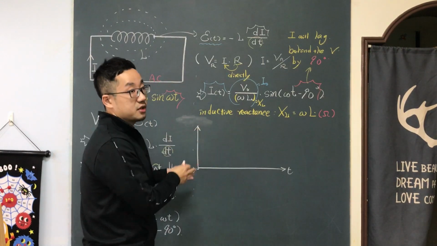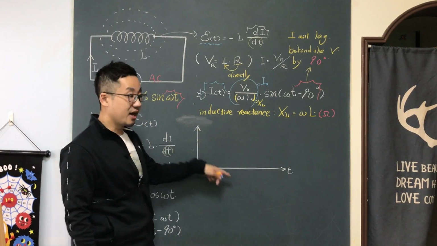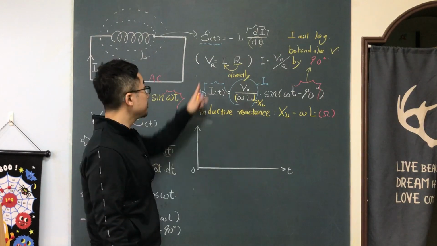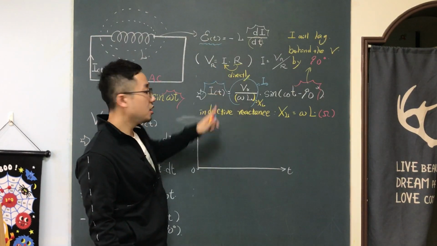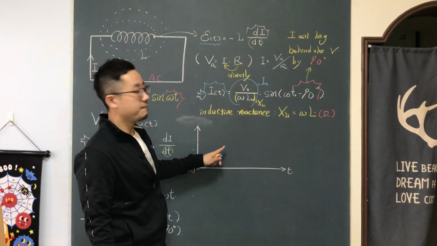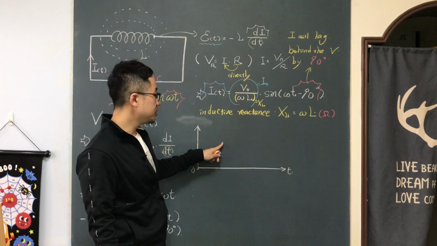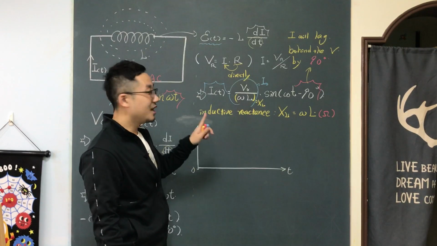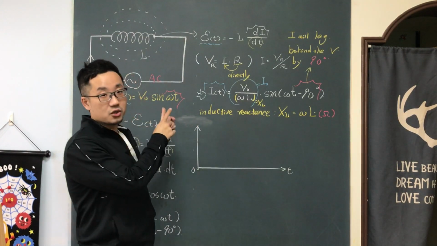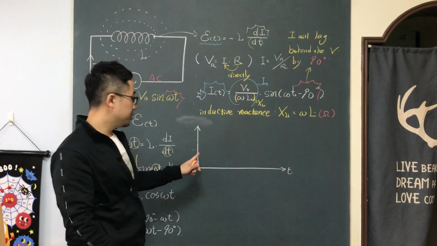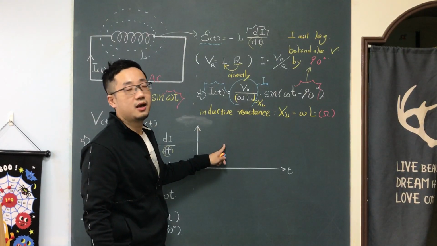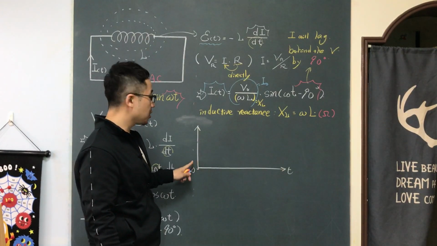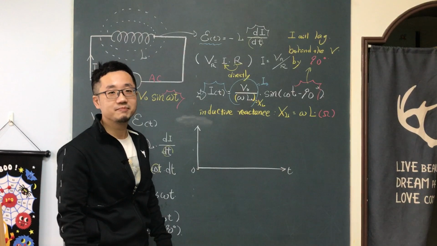For the case of the resistor, when the voltage is going up, the current is going up. When the voltage is going down, the current is going down. But for the case of the inductor, when the voltage is going up, the current will not go up simultaneously.